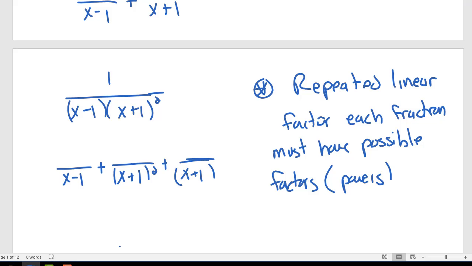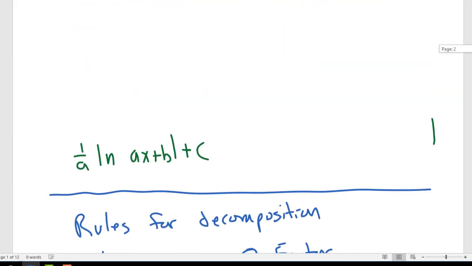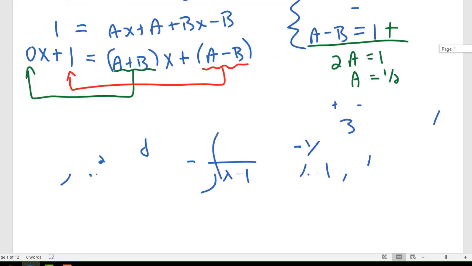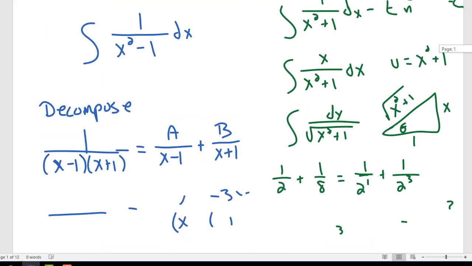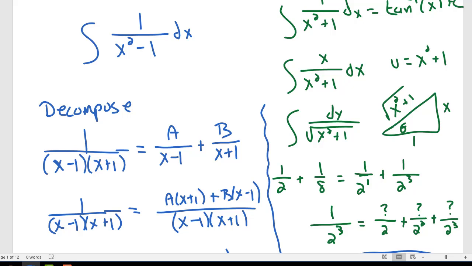Back on our first page, if I scroll back up for a second, I apologize for jumping back and forth, when we were using those fractions of 1/2, this is technically a repeated factor. 2 cubed is 2 times 2 times 2. So in theory, with the repeated linear factor, I could have had a 1/2, a 1/4, a 1/8.